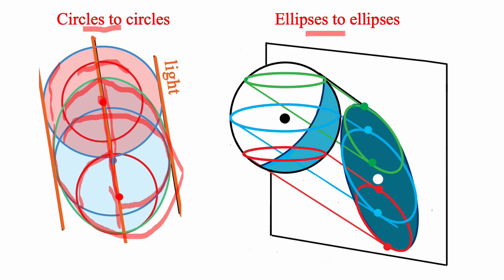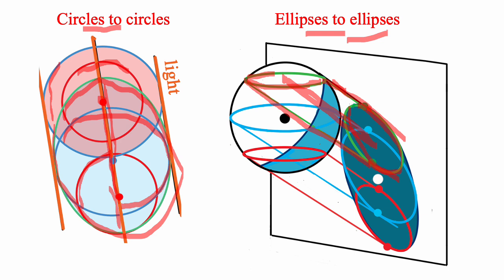Now for ellipses to ellipses, let's start with this ellipse on the sphere. We draw light rays tangent to its tips, and then it comes down to the shadow on the wall, and we can see that this ellipse is tangent to these light rays, and its center lines up with the center of this ellipse following the light direction.